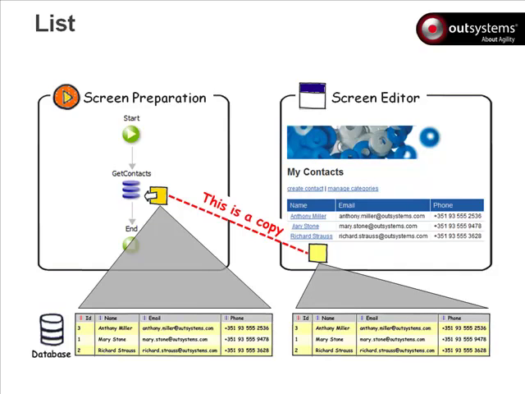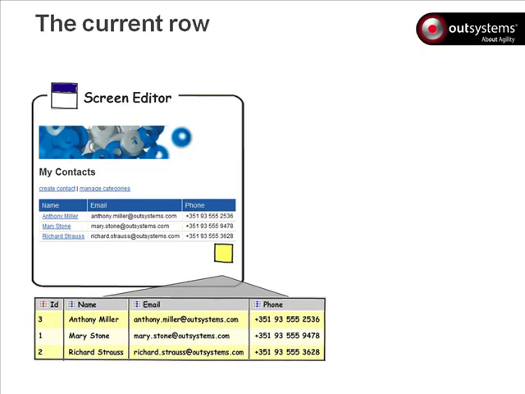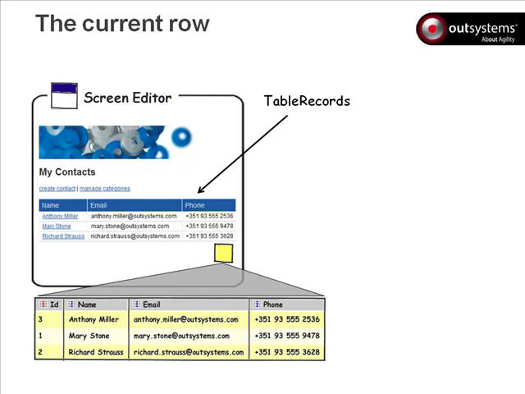Let's take a closer look at this. The focus here will be on the current property in the table records and how it applies to the table records widget. As with the edit record widget, the table records widget also has a variable. In the table records case, it's called a list. This variable contains a copy of the record list provided through the source record list property. In the expressions inside the table records, you can see a reference to a special property, tablerecords.list.current.